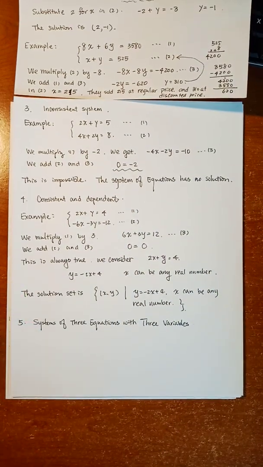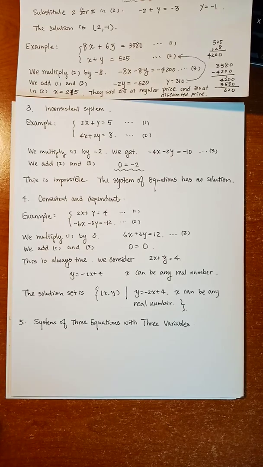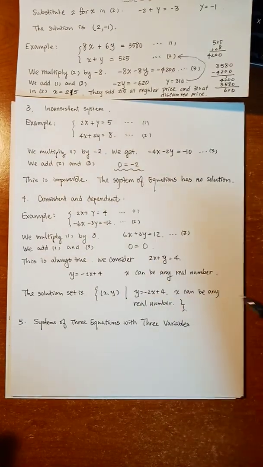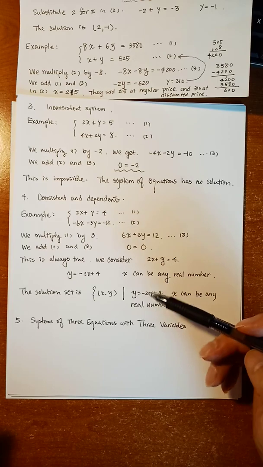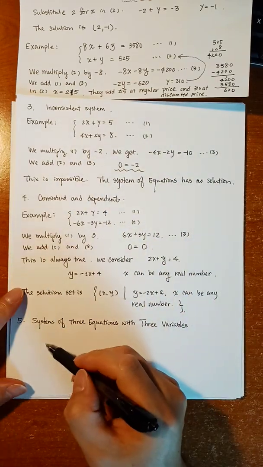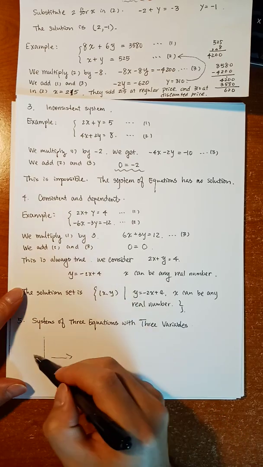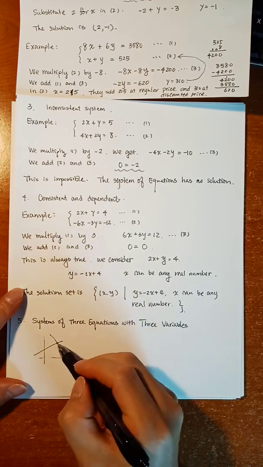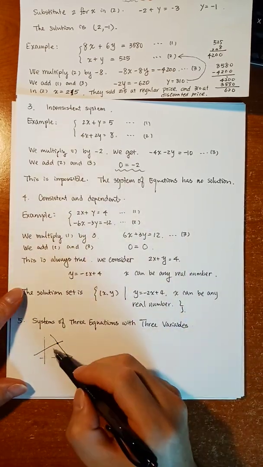Okay, so first let's see what the geometric explanation is for each different case. Remember, in the system of 2 equations with 2 variables, we have this, they intersect, this is consistent and independent.